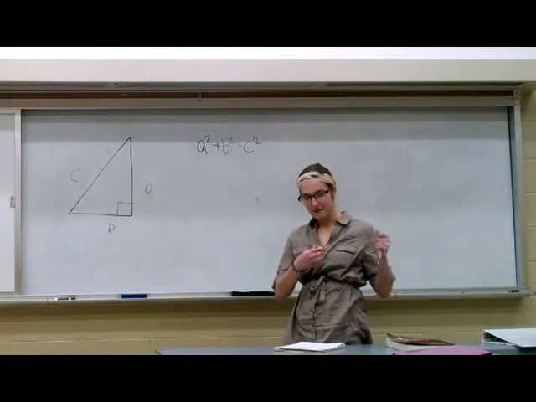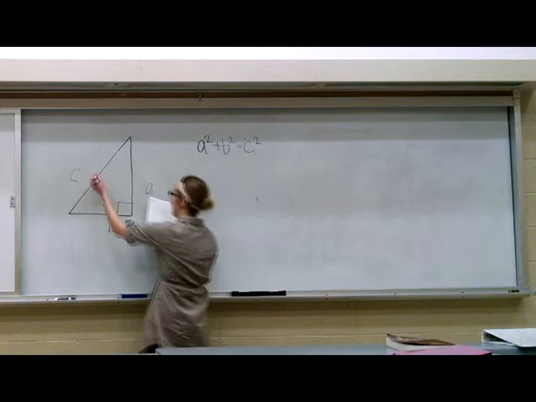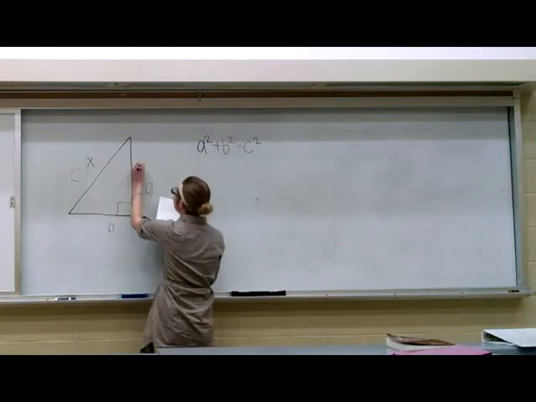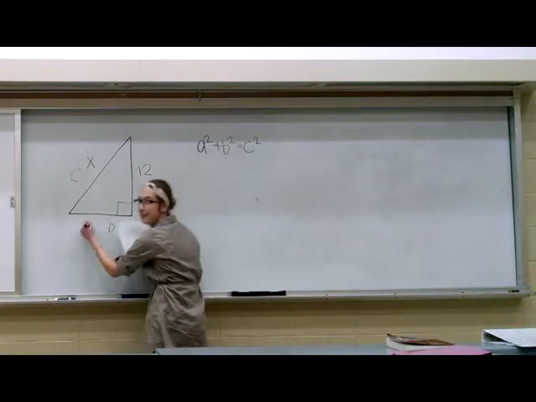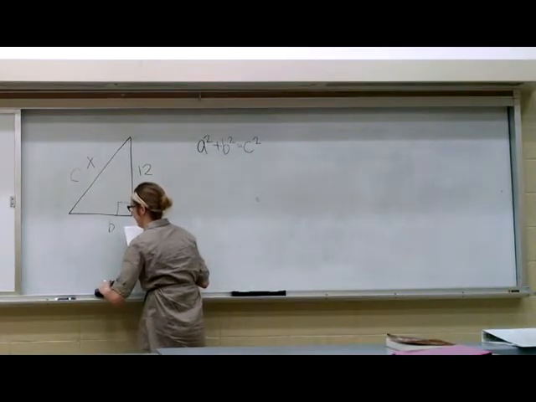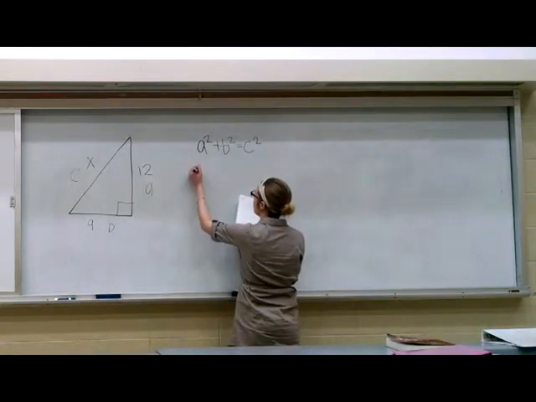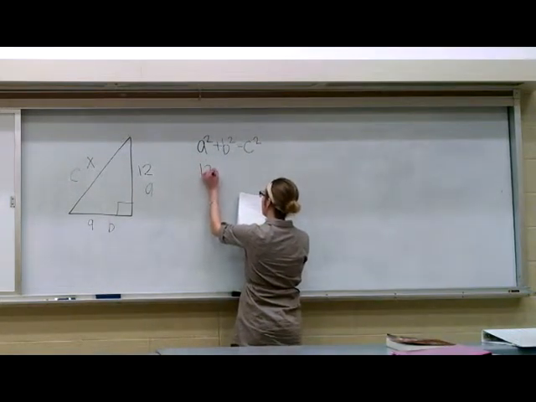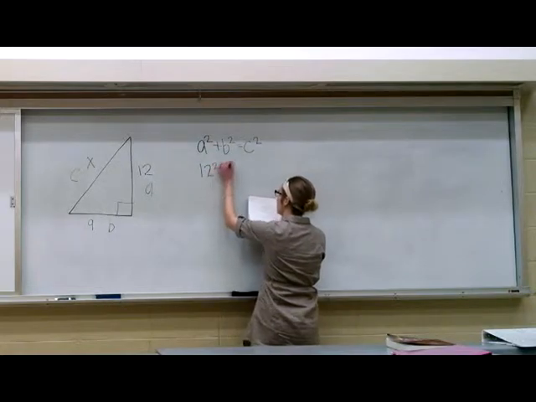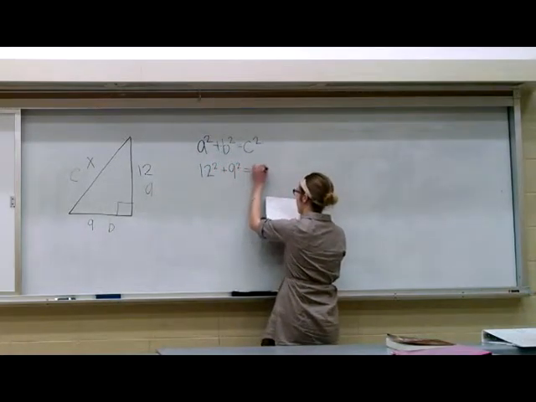So, for an example, we'll put x over here, 12, and 9. Alright, so it would be 12 squared plus 9 squared equals x squared.